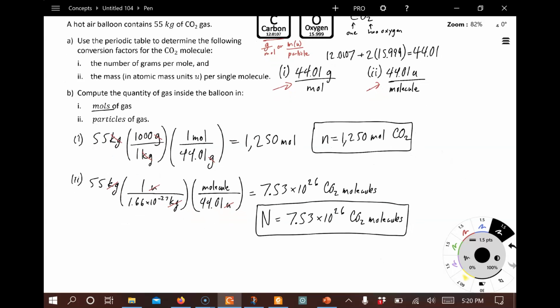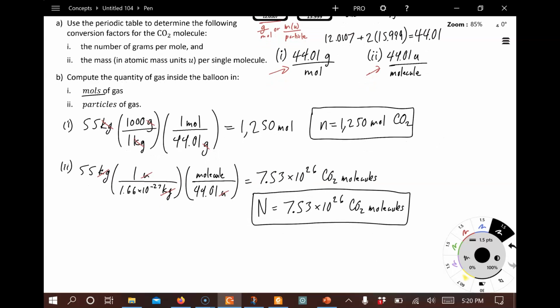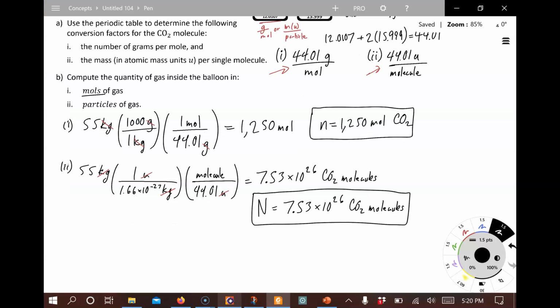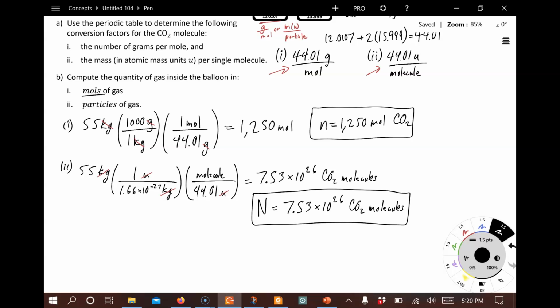Now finally, let me show you another way to do the particles. That would be using Avogadro's number. So say we already know we got 1,250 moles of carbon dioxide. Avogadro's number is 6.02 times 10 to the 23rd, and it converts between the number of particles and the number of moles. So let's go from moles to particles using Avogadro's number, just to see another way to do it. I'm going to start with the 1,250 moles of carbon dioxide.